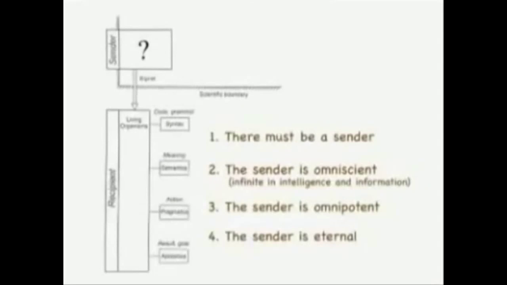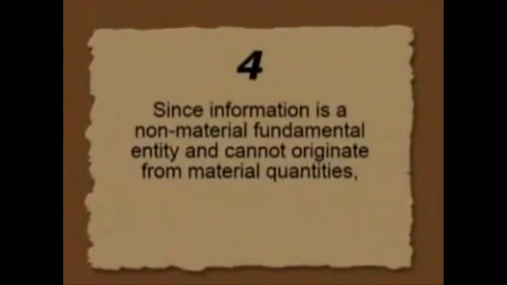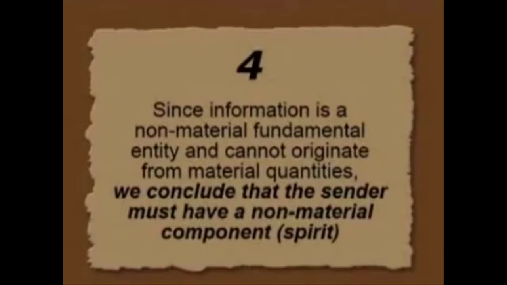Let me come to another conclusion, number 5. Since information is a non-material fundamental entity and cannot originate from material quantities, we conclude the sender must have a non-material component. The sender must be spirit. God is spirit. Now let's see our conclusions about the sender from the point of view of laws of nature about information.